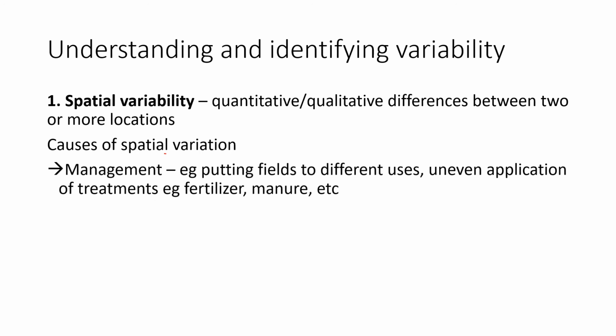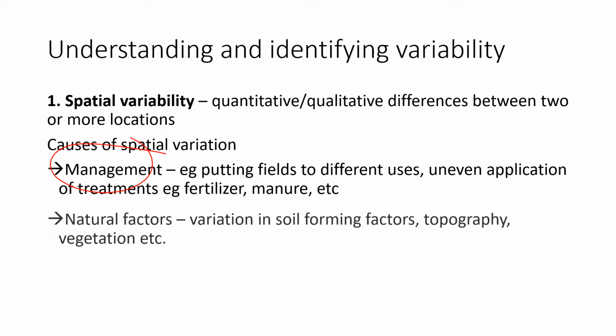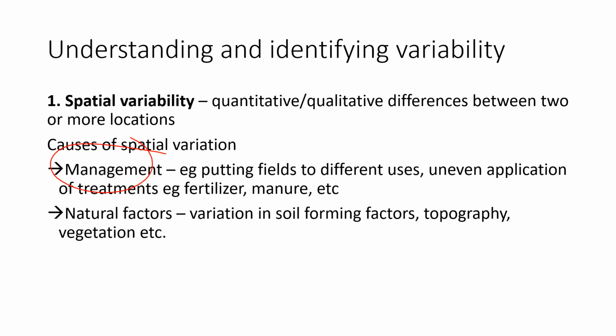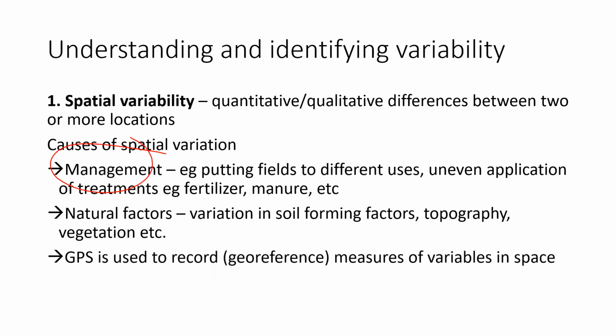One is management, such as putting fields to different users, or uneven application of treatments such as fertilizers or manure. This could lead to spatial variation within the field. The other reason could be natural factors, such as variation in soil forming factors, such as topography, vegetation, etc.